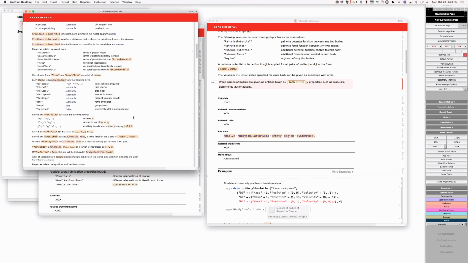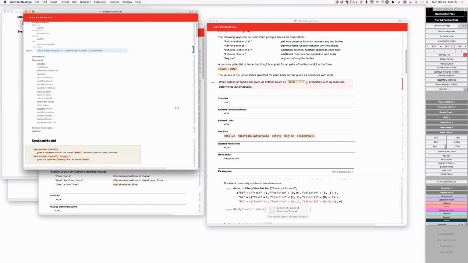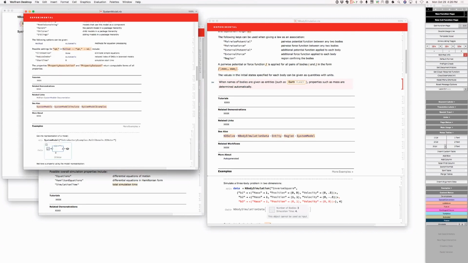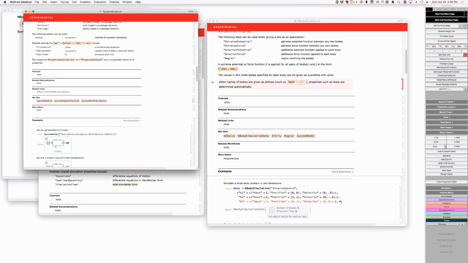I wonder why system model doesn't. System model simulation.